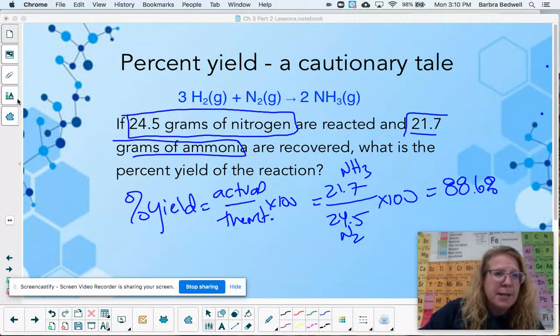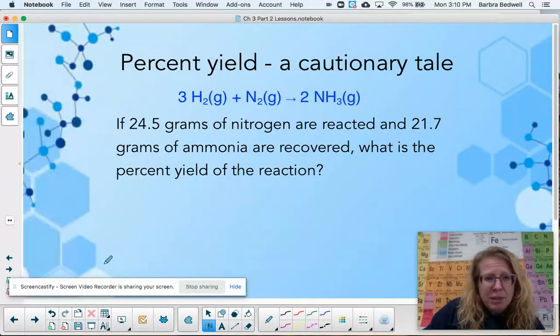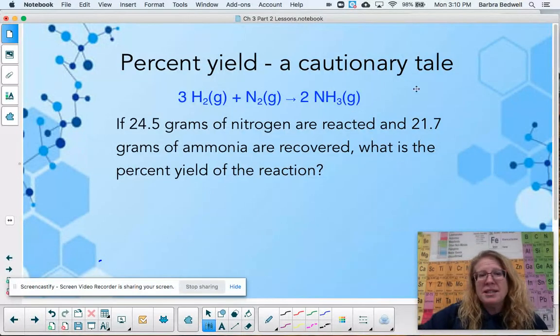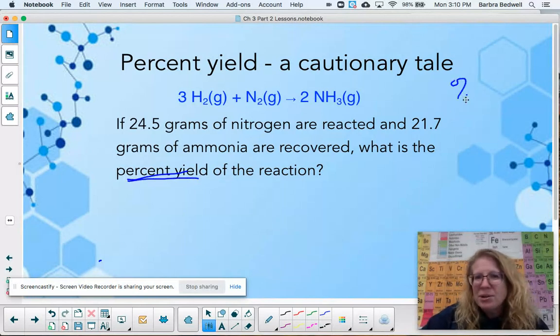So let me clear off my screen so we can do this problem. Here's how we actually do this particular problem. Again, it's not hard, but it is a stoich problem. So maybe you should hit pause and see if you can figure it out. In order to find percent yield, we need to know actual and we need to know theoretical yield.